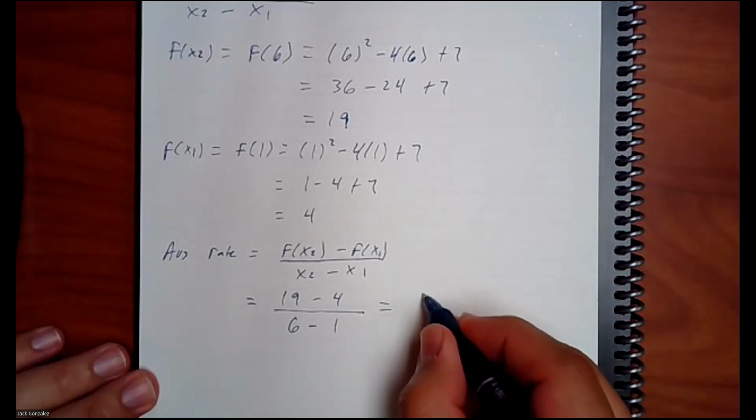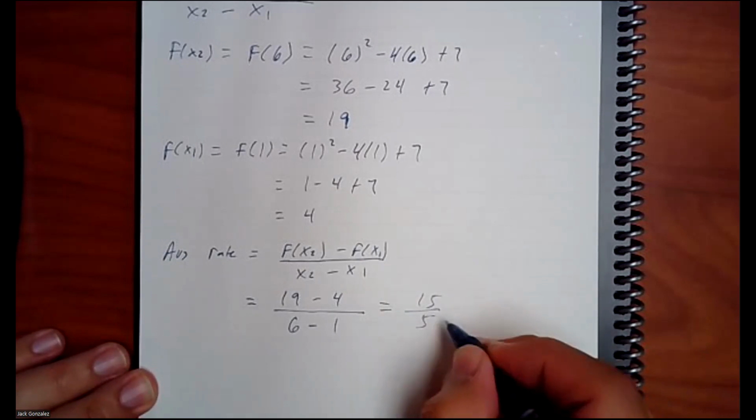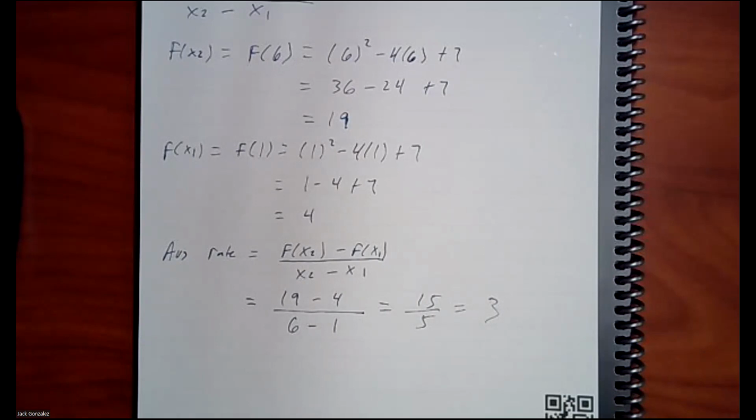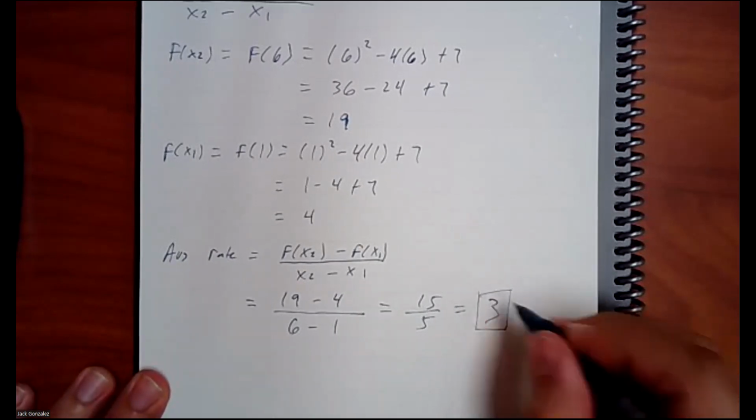So that will be 15 over 5, which is 3. This is the average rate of change.